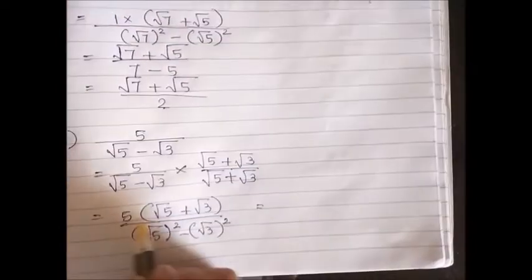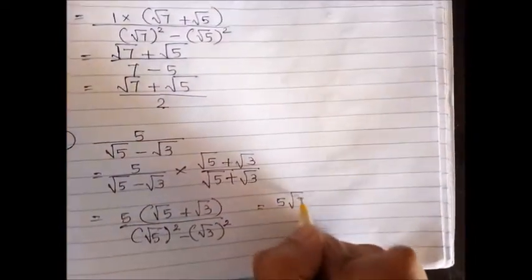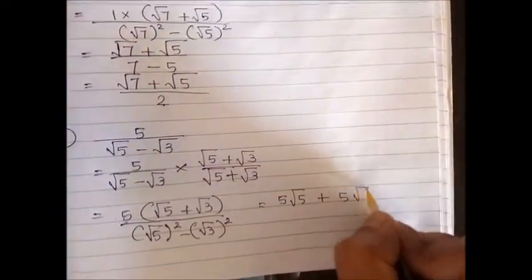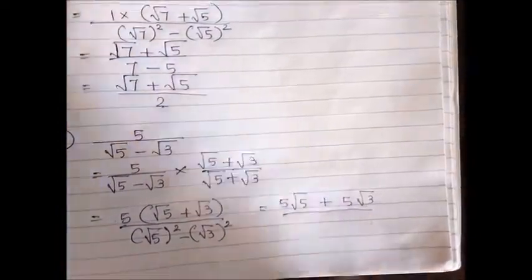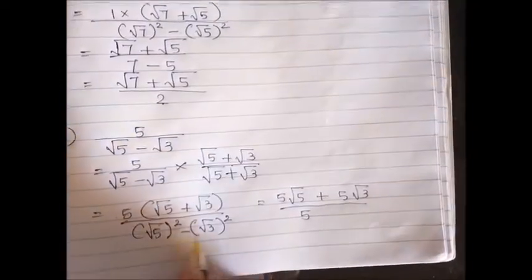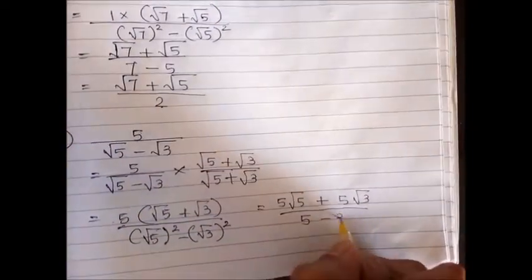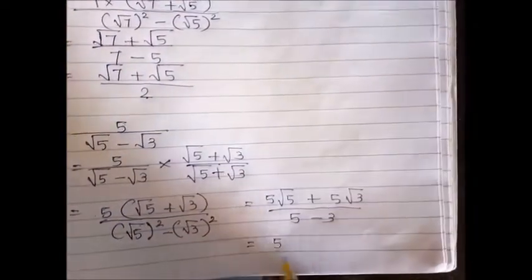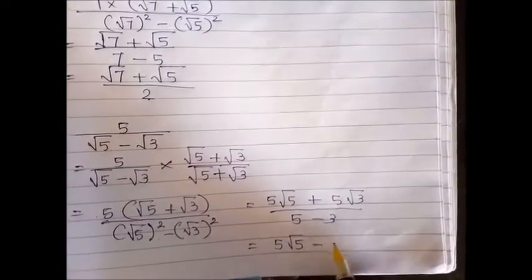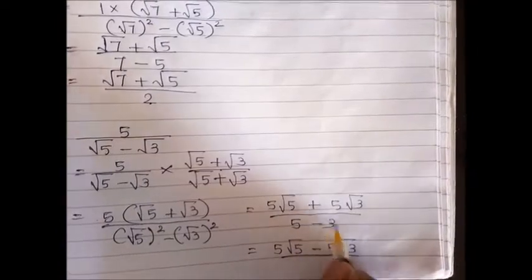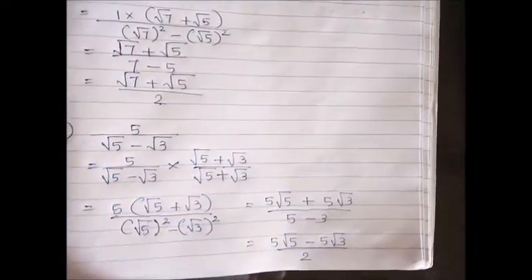That is equal to 5 root 5 plus 5 root 3, whole divided by root 5 square, that is 5, minus root 3 square, that is 3. So 5 root 5 plus 5 root 3 divided by 5 minus 3, that is 2. So this is your answer.